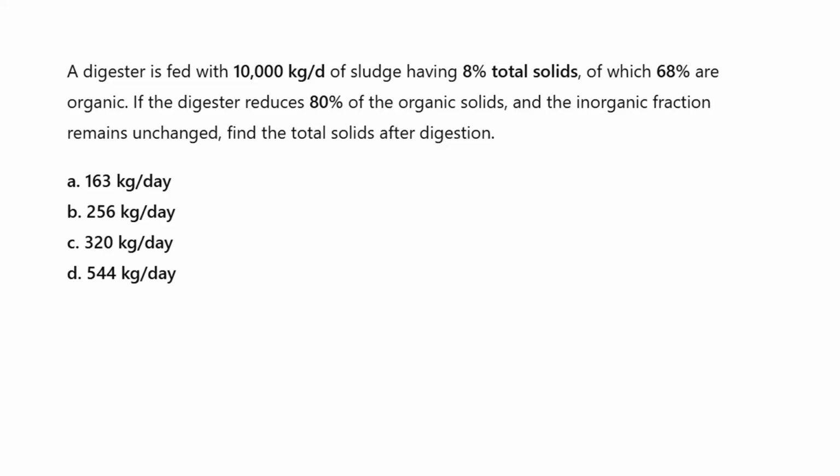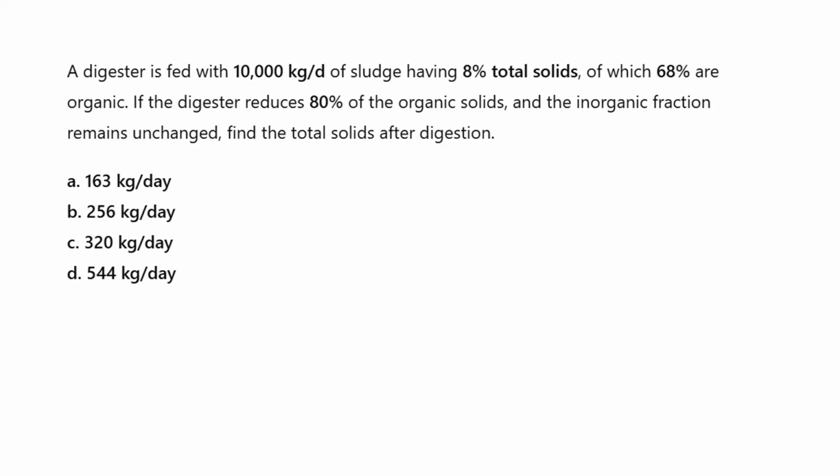In solids also, you have organics that are 68% and inorganics that are 32%. In the organic part, 80% is destroyed and 20% remains after the digestion. So the total solids after the digestion will be equal to, first, your sludge mass received into 8 by 100. This will give the total solids that are received.